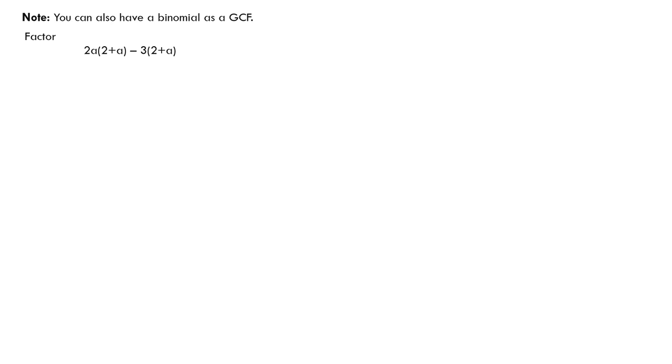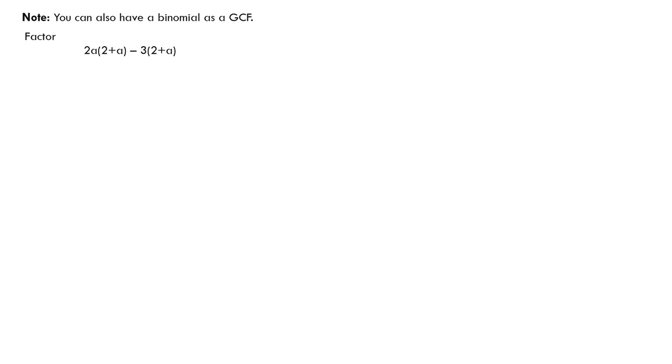Now, we can also have a binomial as a greatest common factor. We have two terms here, 2a bracket 2 plus a and minus 3 bracket 2 plus a. Again, both of these terms can be divided by 2 plus a.